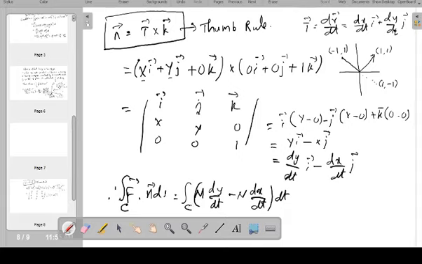Here t varies from a to b. This is shortly written as the integral over C of M dy minus N dx. So this is the formula for flux: M dy minus N dx.